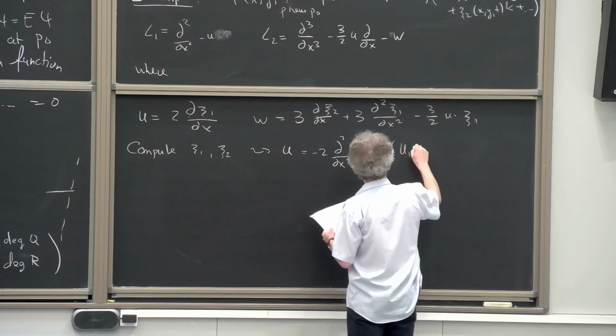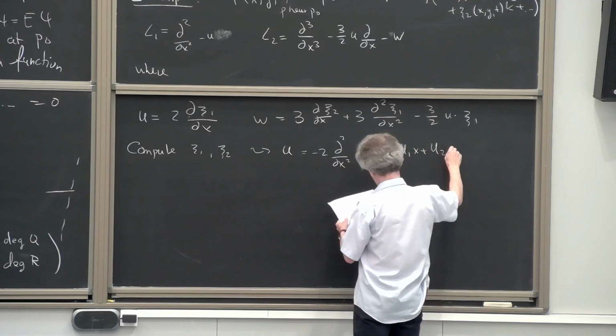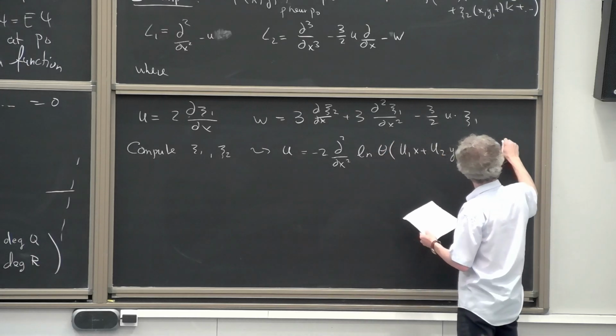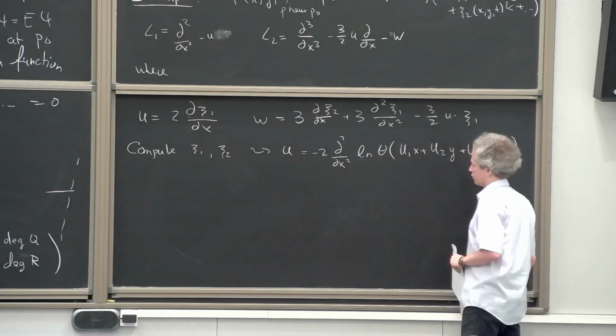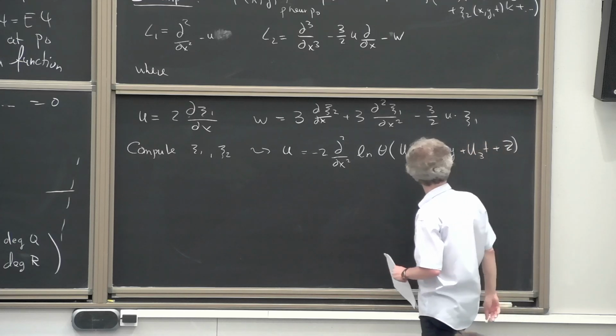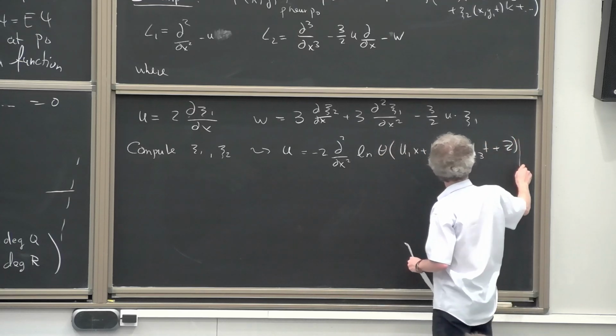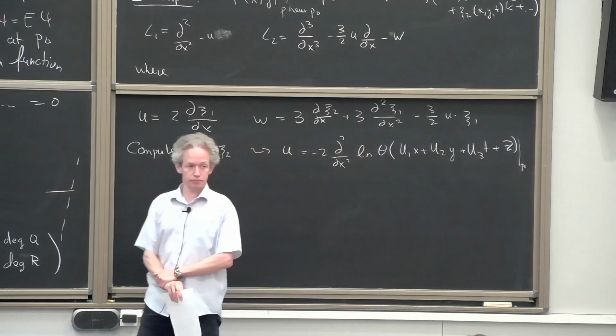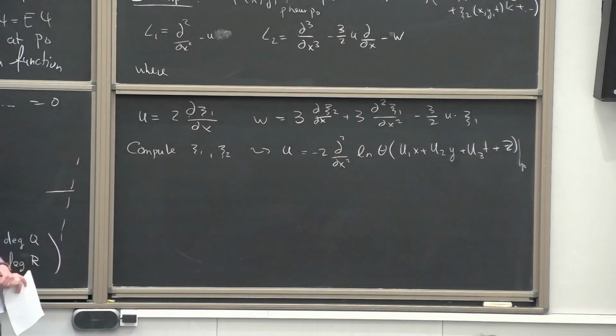So u1x plus u2y plus u3t plus z at 0. Okay? You can compute w as well.